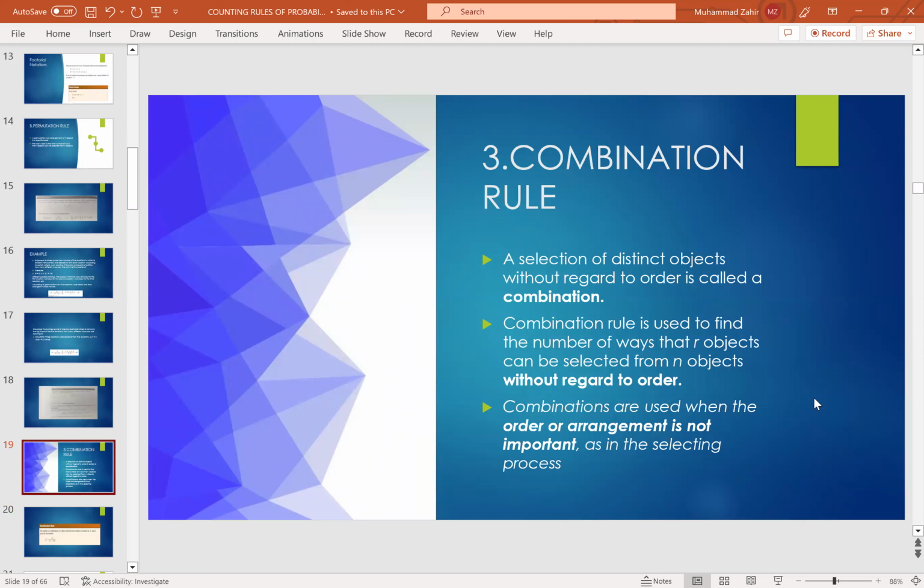Third is the combination rule. A selection of distinct objects without regard to order is called a combination. The combination rule is used to find the number of ways that r objects can be selected from n objects. Combinations are used when the order or arrangement is not important, as in a selection process, whereas in permutation order is important and in combination order is not important.